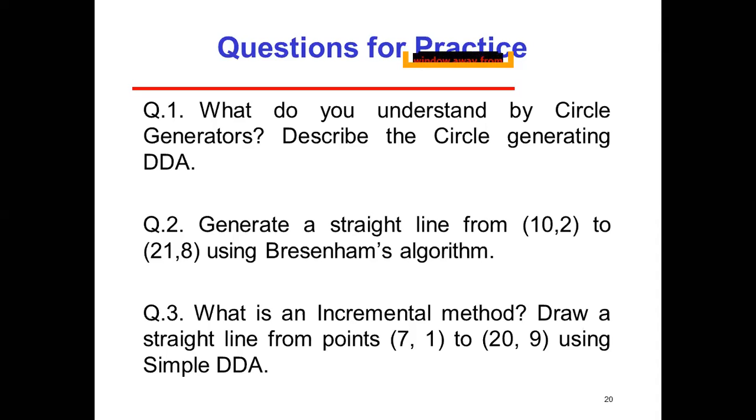First we identify x1 as 10, x2 as 21, y1 as 2, y2 as 8. After that calculate the values of delta x and delta y, and then calculate the value of the initial E. E is the error term.